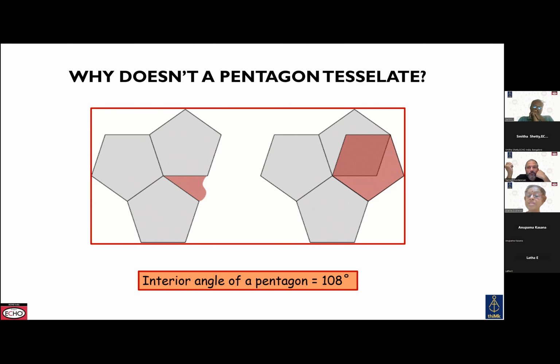So 3 times that is 324, which is less than 360 degrees, and that's what we need if we don't want a gap. And if I keep a 4th pentagon, that's also not okay, because it starts to overlap, because 4 times 108 is 432, and this is greater than 360 degrees.